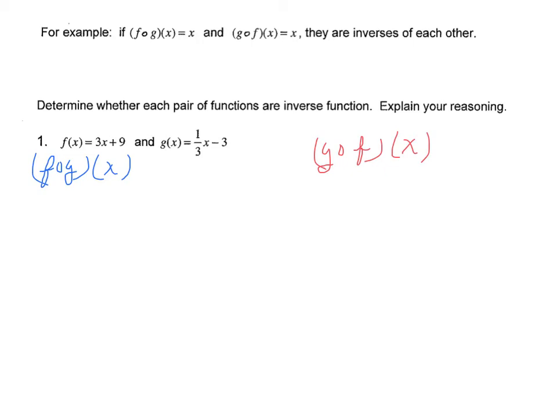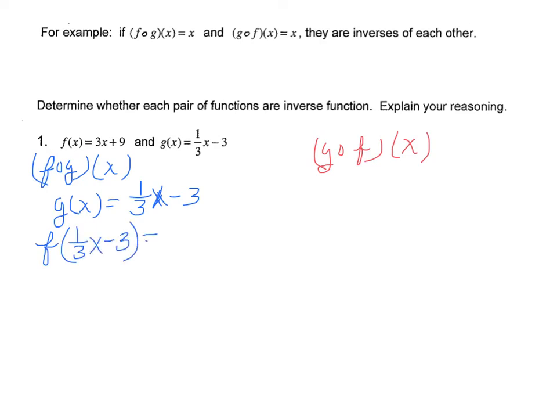Okay, with that being said, let's do the one on the left. We need to find f of g of x. So first of all, we need g of x. Well, g of x is nothing more than 1/3 x minus 3. So now that I know what g of x is, I'm going to find f of 1/3 x minus 3.